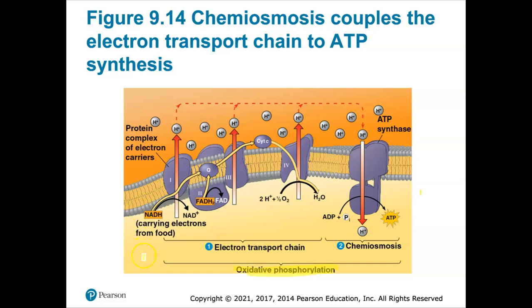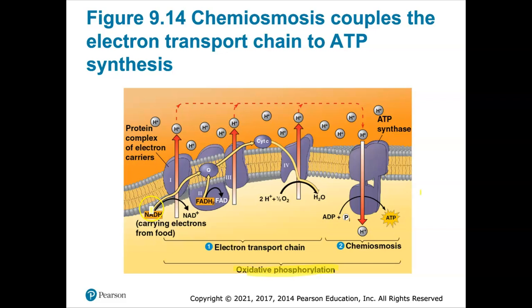And basically what happens is that the NADH molecules and the FADH2 molecules carry those hydrogen atoms. So they're going to carry electrons that are within those hydrogen atoms. The electrons will be released from NADH and FADH2.